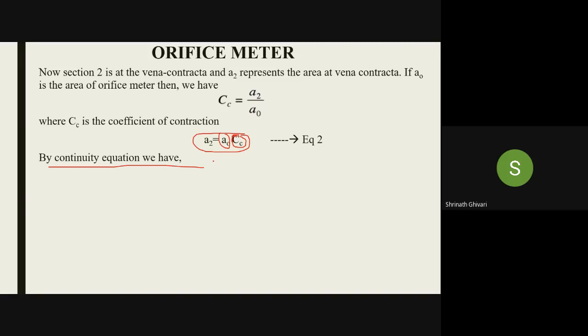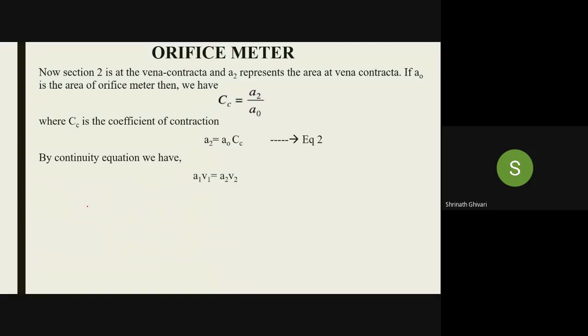Q is equal to A1 V1, that is discharge. But the continuity equation is A1 V1 equal to A2 V2. Therefore, we'll keep it like this: A1 V1 equal to A2 V2.